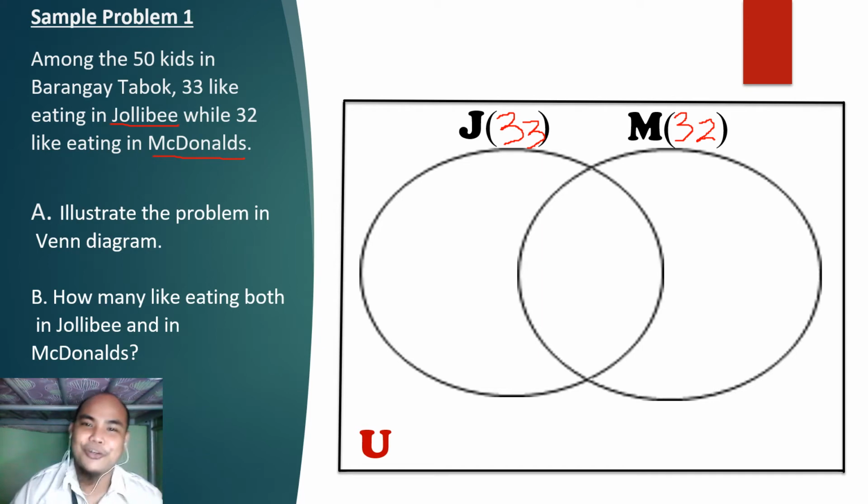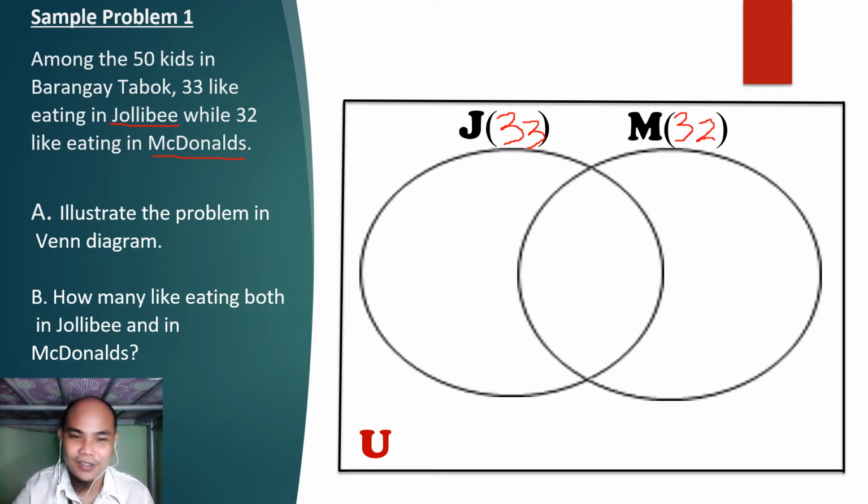Now, let's go to letter B. Did you get letter A? This is our illustration for letter A. How about letter B? How many like eating both in Jollibee and in McDonald's? That's the question. Sir, when we say both, what does it mean? Is that union or intersection?